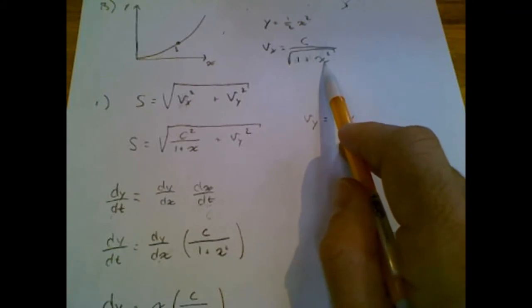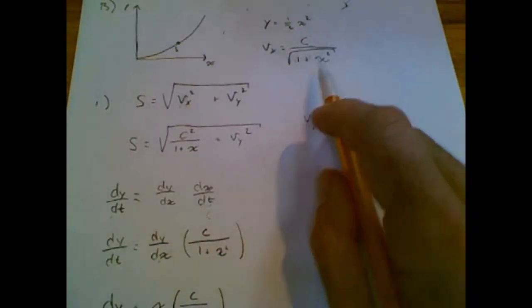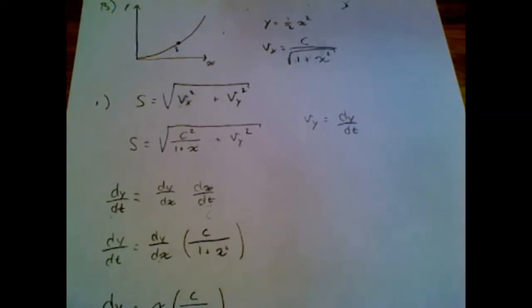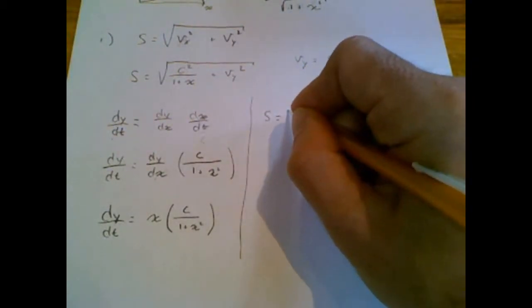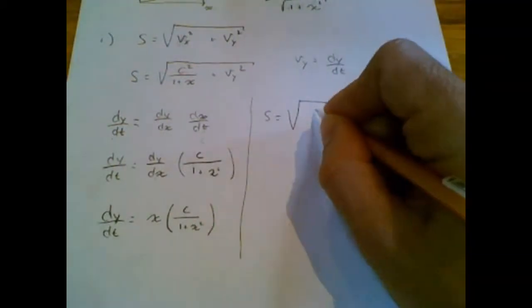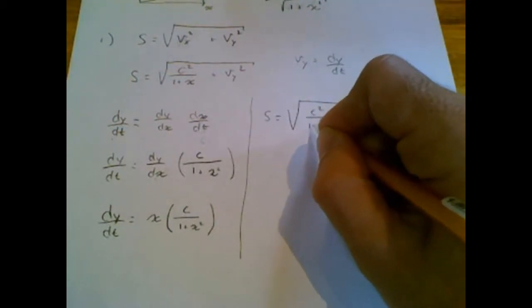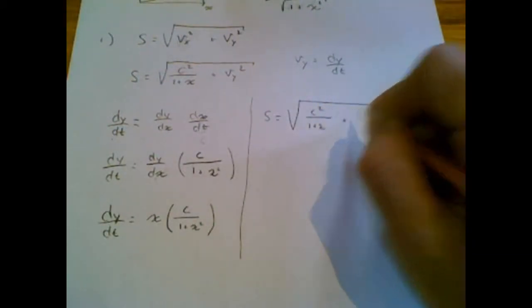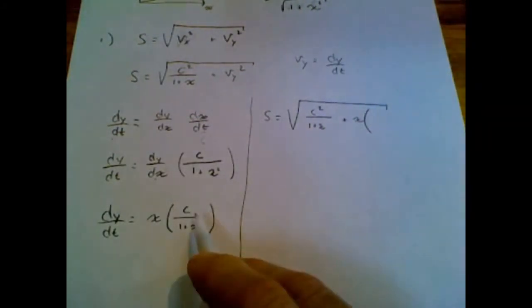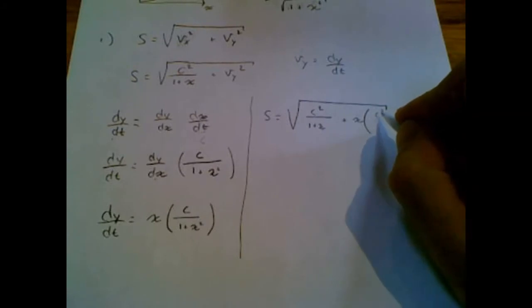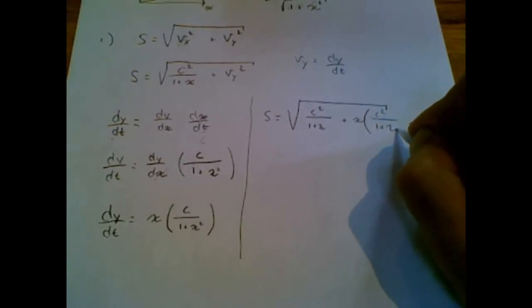Now I can plug directly into my y velocity. I'm just going to go over here so it's all on one page. Speed is equal to the square root of c squared over 1 plus x squared, plus I've got an x times, again, that's going to be squared, c squared over 1 plus x squared.